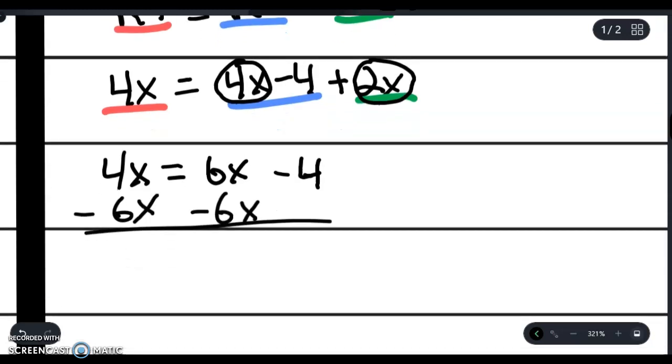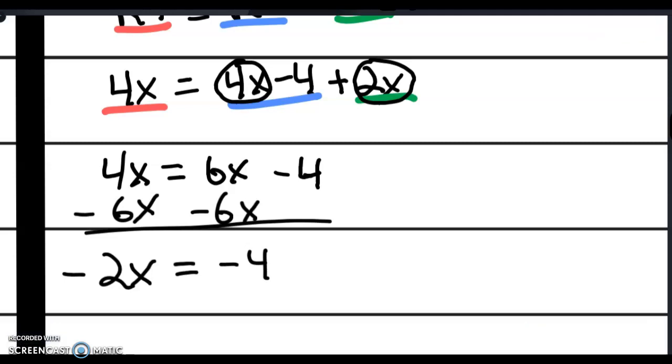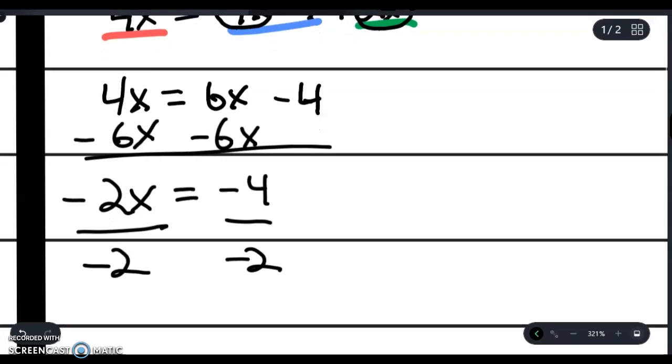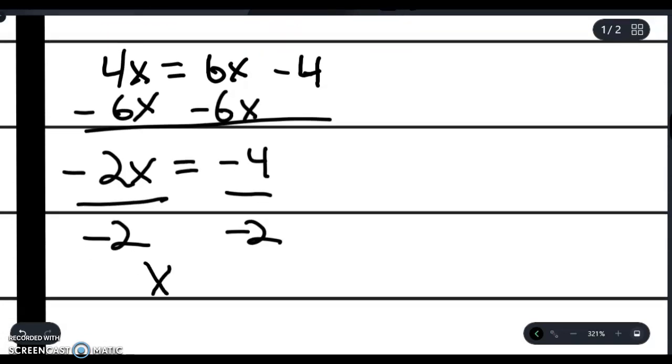That leaves me with negative 2x equals negative 4. Now I'm going to divide by negative 2, and x is equal to positive 2.